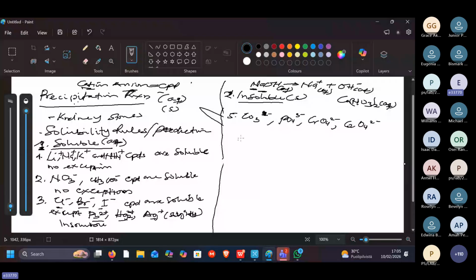These are generally insoluble. So compounds of these anions are going to be insoluble.